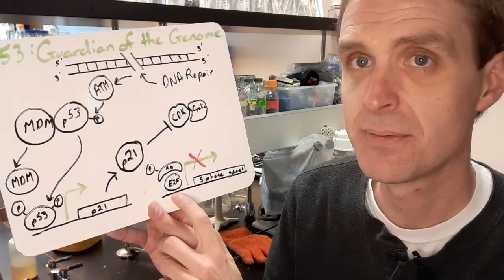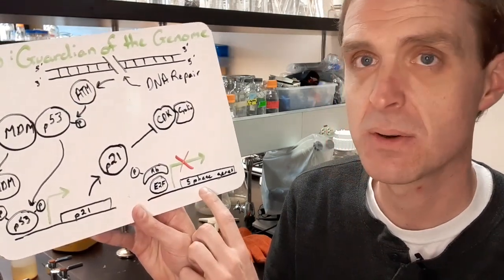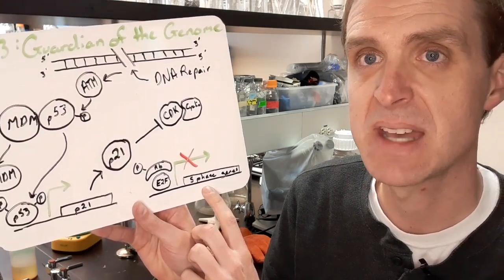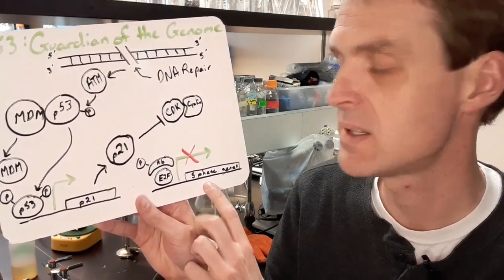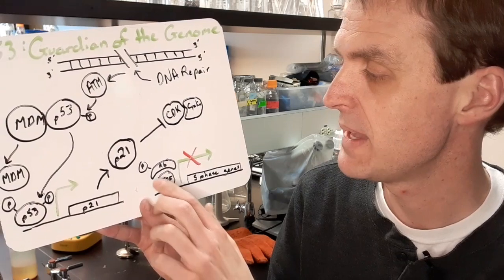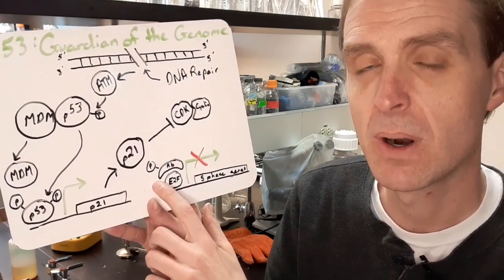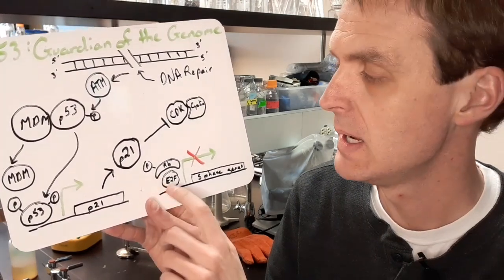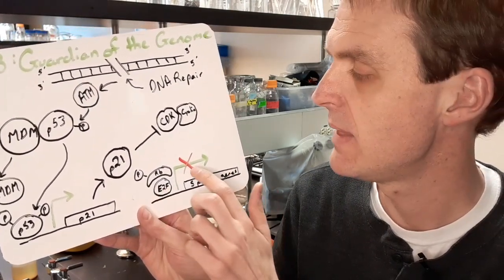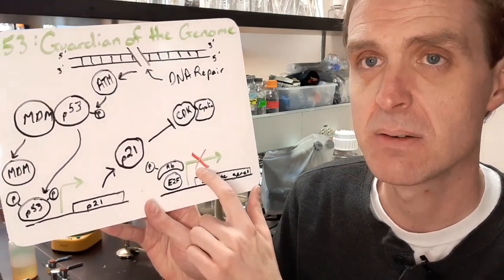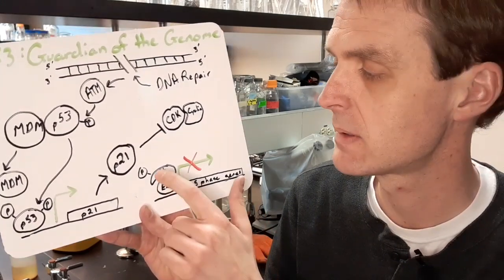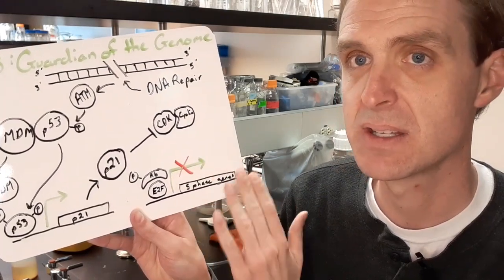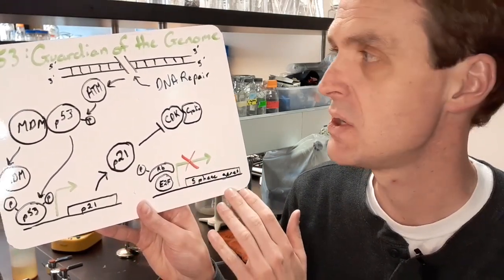Now E2F is a transcription factor that was going to turn on the transcription of a number of S-phase genes, but when RB has a low level of phosphorylation, it binds to E2F, and then we've got our red X here reminding us that this complex sitting on the promoter does not transcribe the S-phase genes.